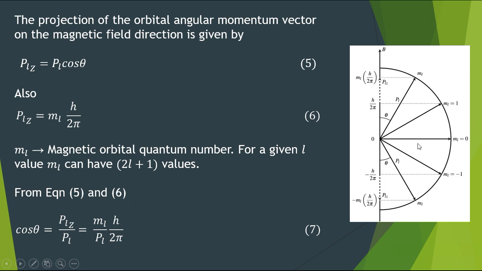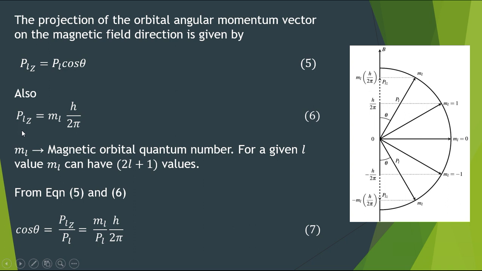I have represented here different orientations of the orbital angular momentum vector about the direction of the magnetic field. Also, each vector will have its own projection on the direction of the magnetic field, and you can see these projections represented by PLZ are quantized.